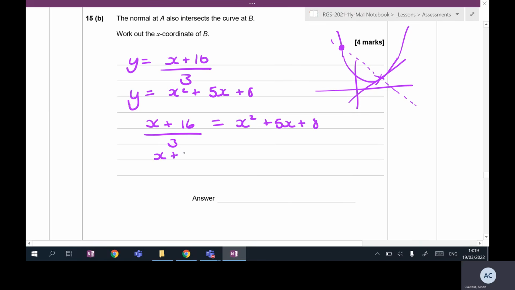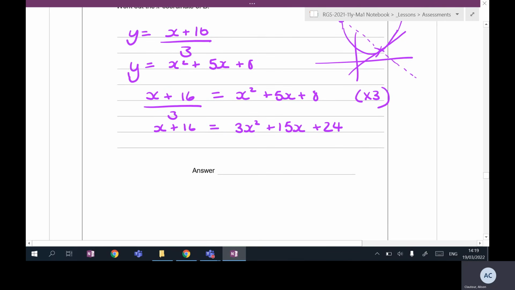So I'm going to multiply by 3 to get rid of the dividing by 3, and then subtract my x and my 16, so it's all on one side. So 3x squared plus 14x plus 8.